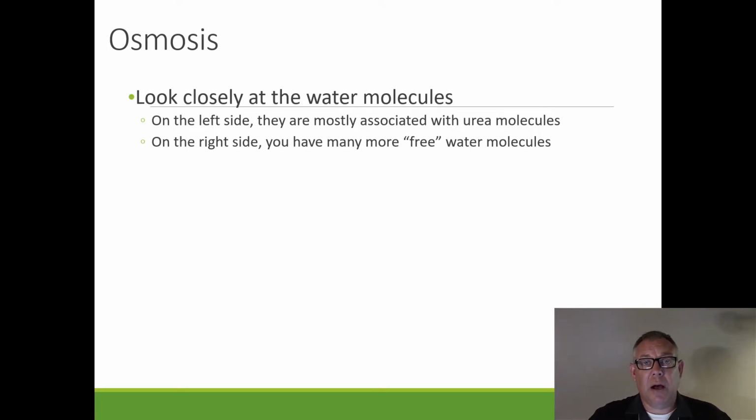And we talked about how things dissolve in water because the water kind of surrounds the other molecule. It surrounds the solute molecule. But consequently, that water is sort of tied up with that solute molecule. It's hydrogen bonds and other things that keep that water associated with that solute molecule.